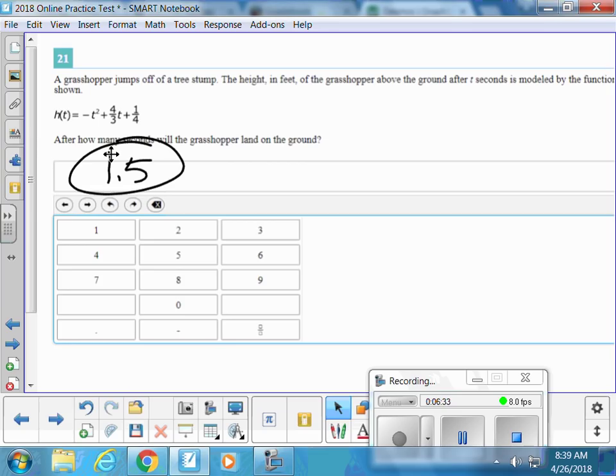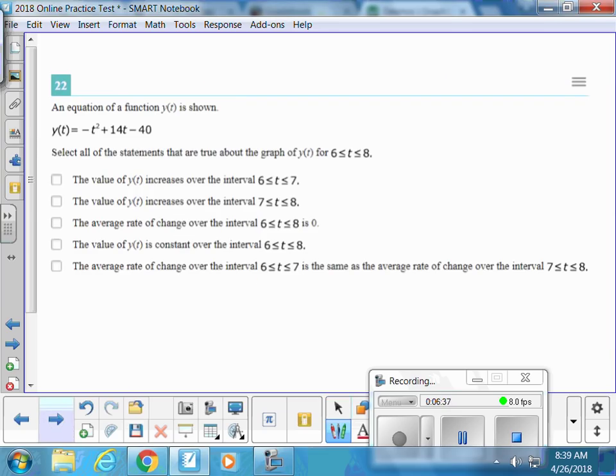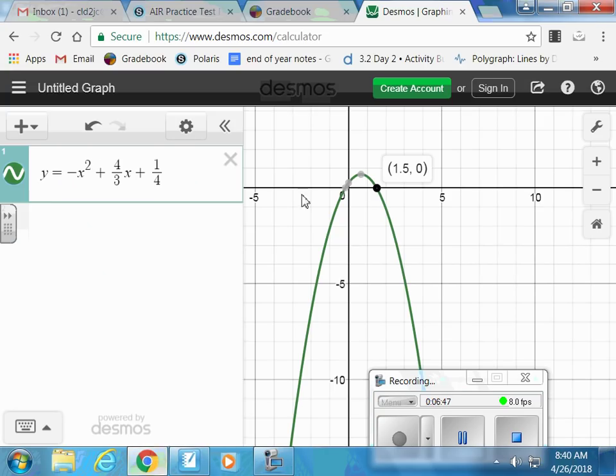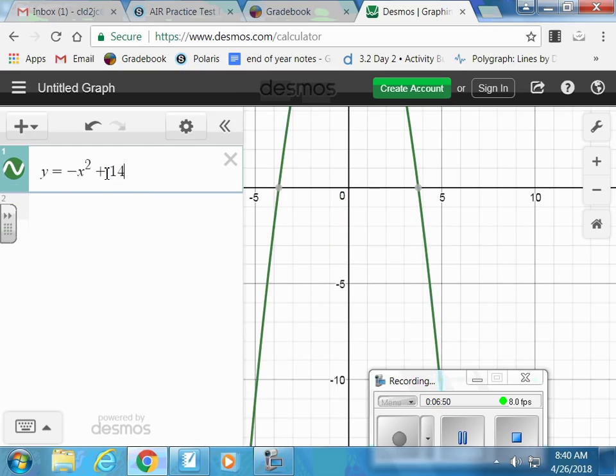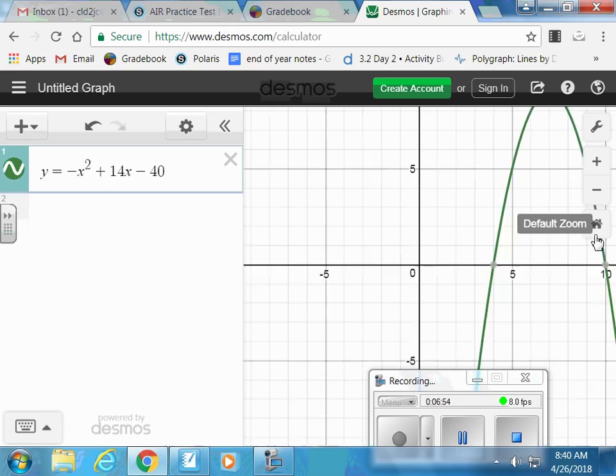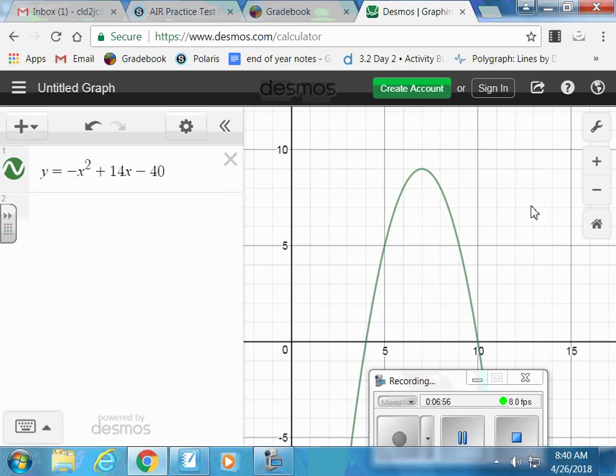All right, 22. That's the one I accidentally was graphing a second ago, number 22. We're going to make this graph and then answer some questions about what is true and not true about the graph. So let me put it in my Desmos. Alright, so we have to answer a few questions.